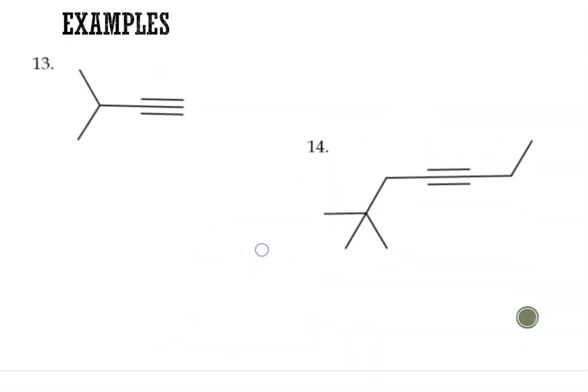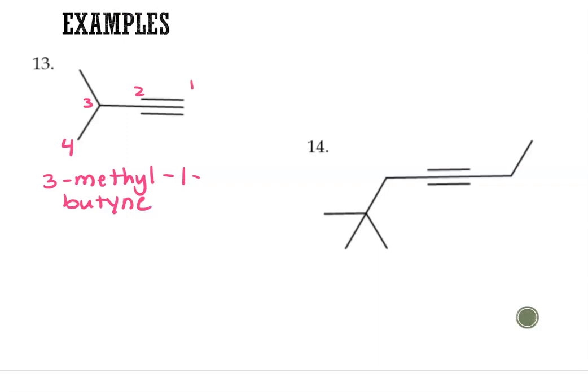All right, and then just looking at some examples here, we start with the triple bond, 1, 2, 3, 4. So we've got 3-methyl-1-butyne, not butadiene, butane.